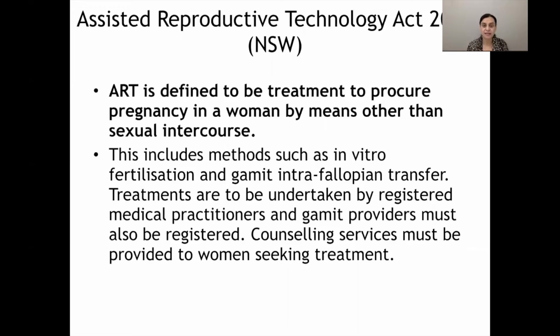Treatments are to be undertaken by registered medical practitioners, and gamete providers must also be registered. And counselling services must be provided to women seeking treatment. So you can actually see here that both the process and the procedure by which ART treatment is procured is actually legislated for and governed in the Act.